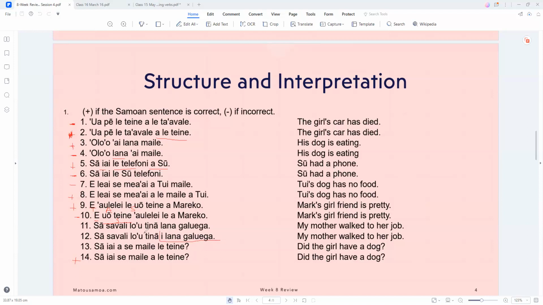If we just said sa savali lo tina lana galuega, you'll hear people say that, but technically, we're talking about a location. Lo tina, my mom, sa savali was walking to. She was walking to her job. And remember, when we're walking to somewhere, doing different actions to a location, we have to start with our preposition. So that's why this one is correct and this one is not, even though you'll hear people speak it like that.